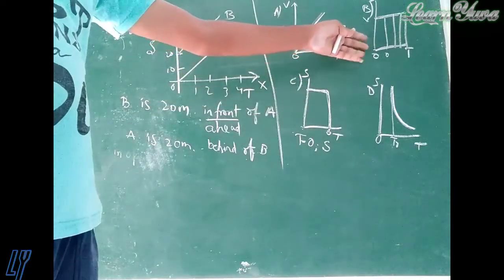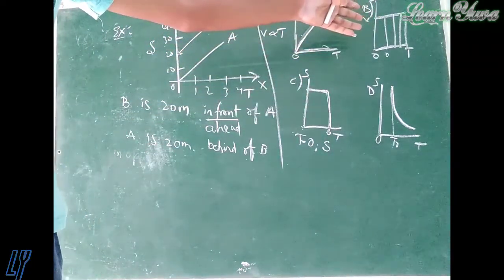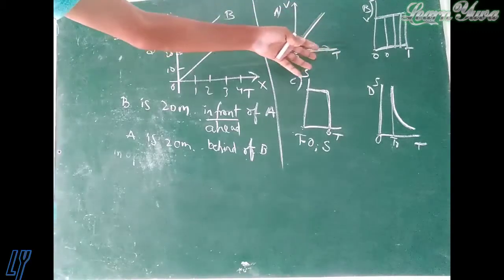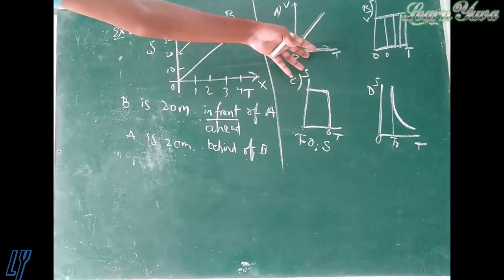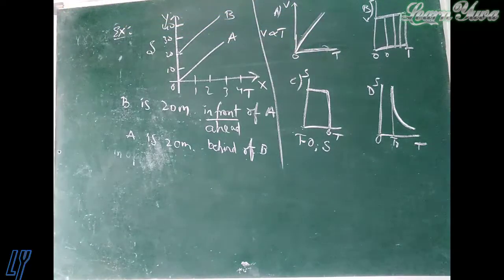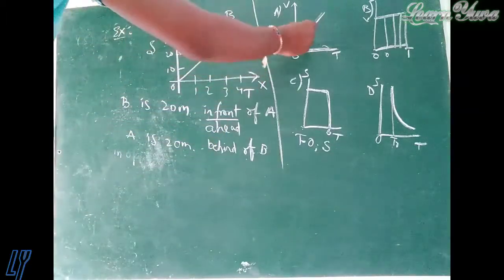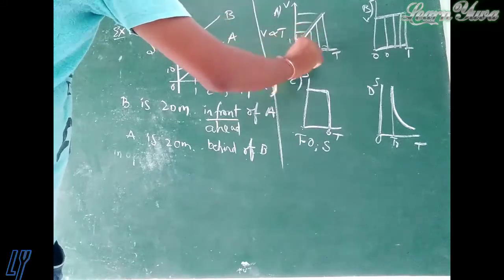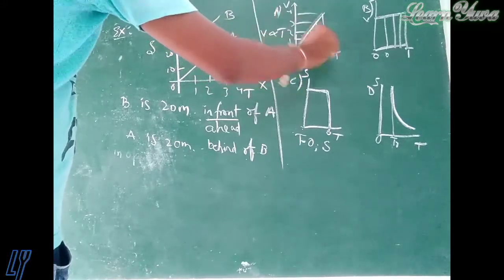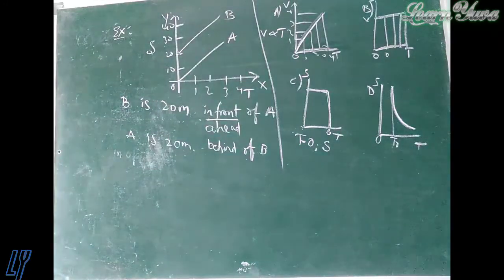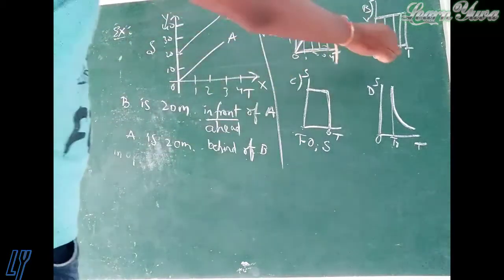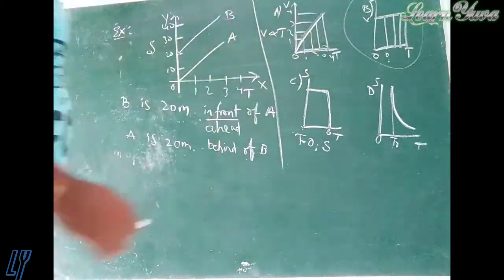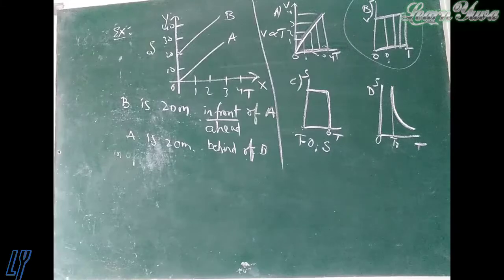It is constant speed, uniform. So option B is correct. The velocity is constant.